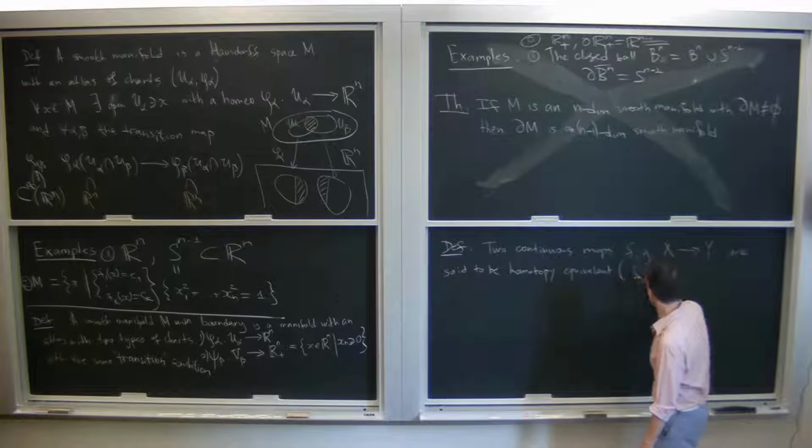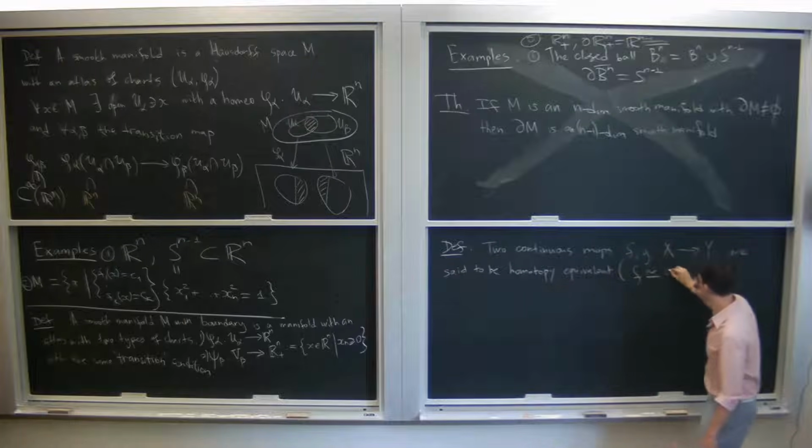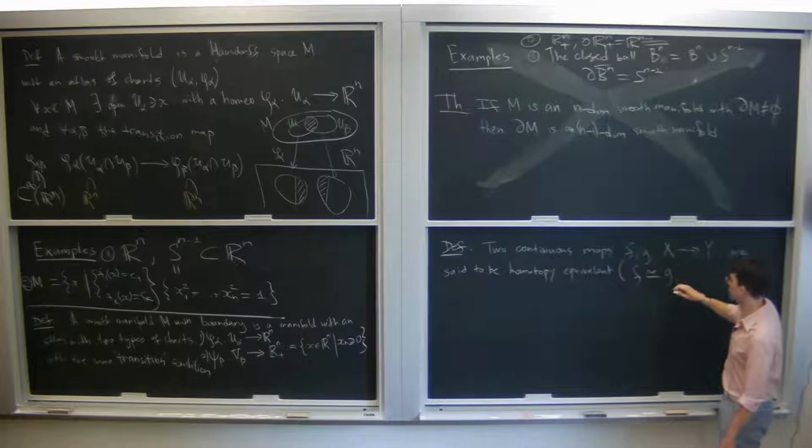The notation will be F tilde, with this horizontal bar, G. I don't know how it is called.